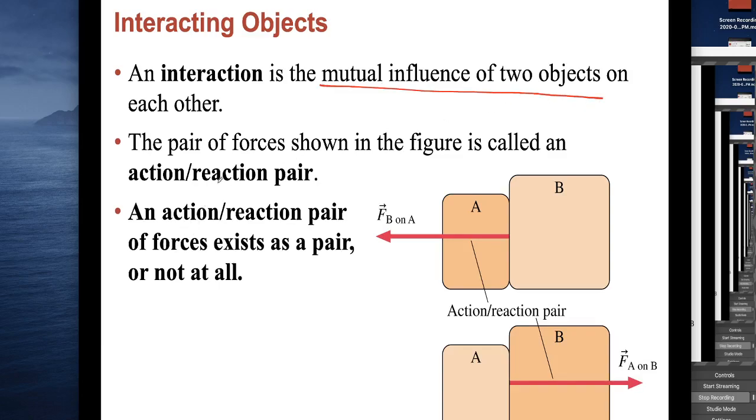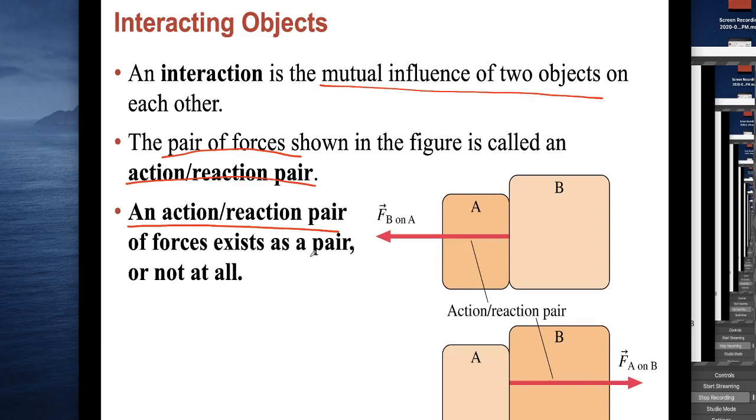The second statement: there's always a pair of forces, which is called an action and reaction pair. If you find one force, you will be able to find its reaction pair. And an action-reaction pair of forces exists as a pair.